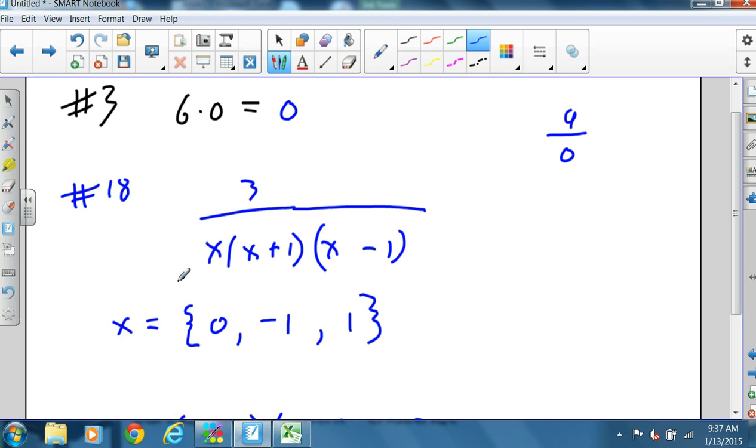I just typed in the calculator 3 over, what it is there, and then I got a data error or something. I want to know what that is. What you were doing in your calculator is saying, I got something, and it's equal to something, and I'm finding out what the x's are, right?